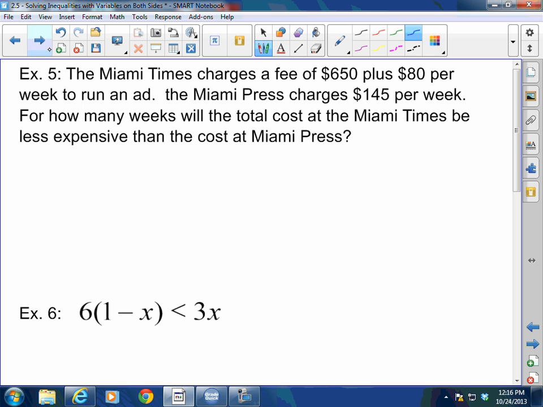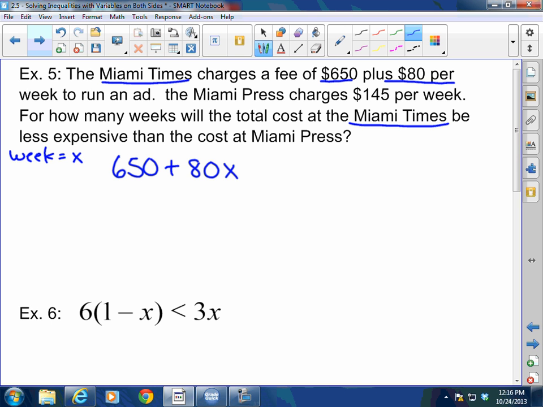So first off, the Miami Times is $650 plus $80 per week, which we'll call x. We'll call weeks x. Read this: for how many weeks will the total cost of the Miami Times, $650 plus $80 per week, be less expensive than the cost at the Miami Press, which is $145? Does that make sense so far?